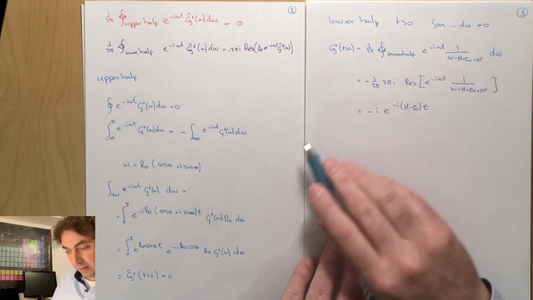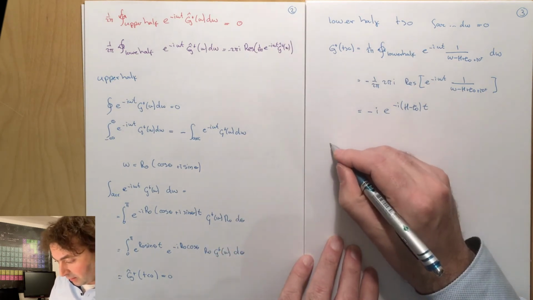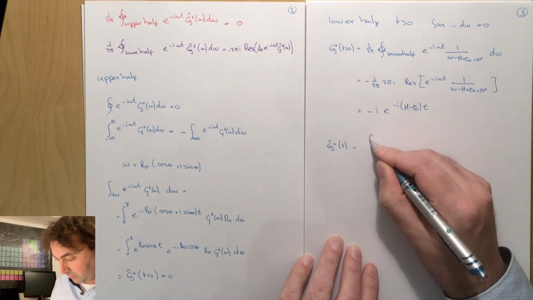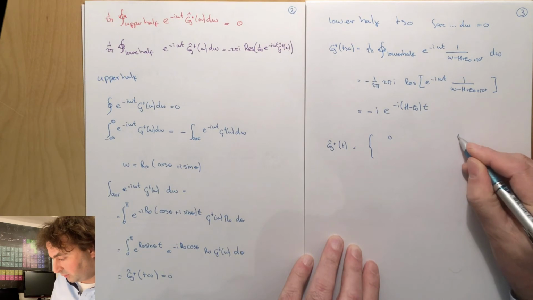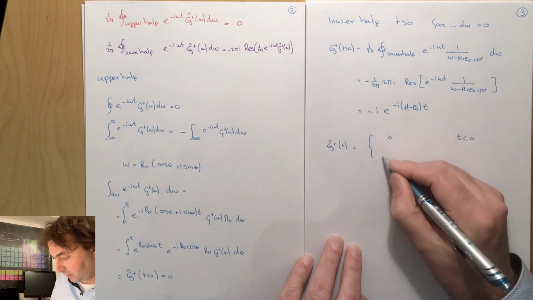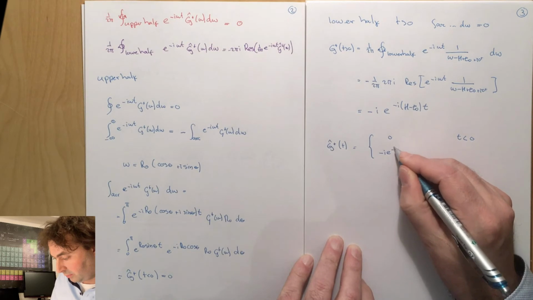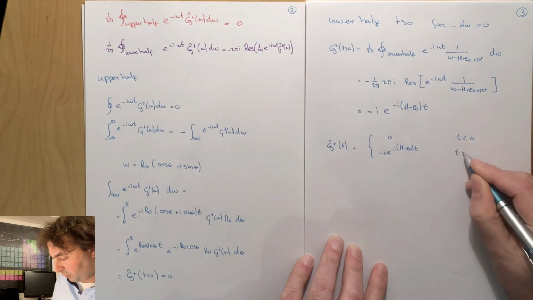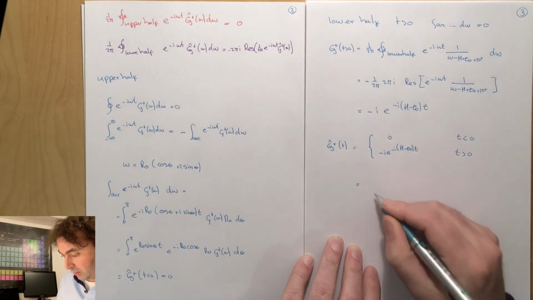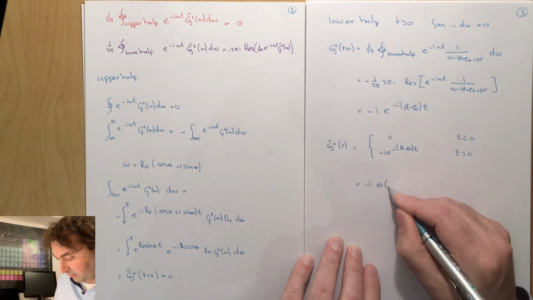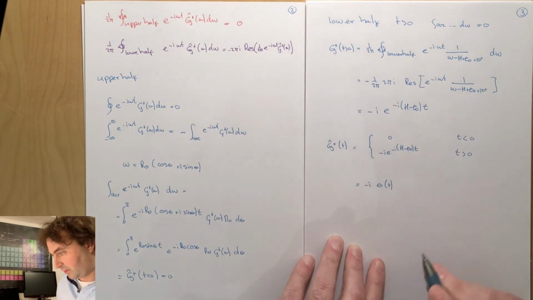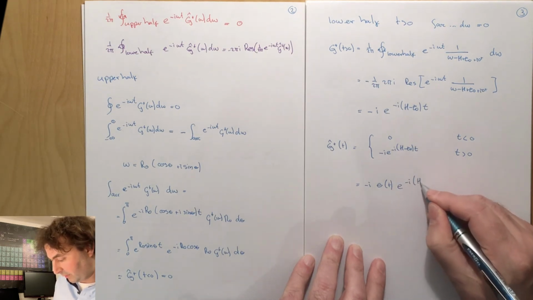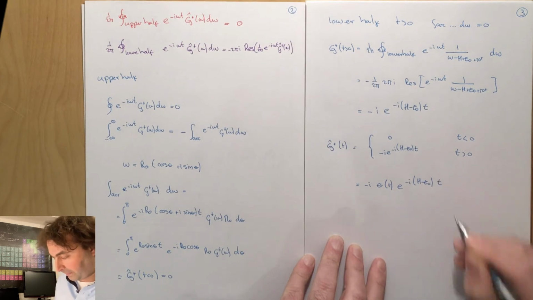Putting this together for t larger and t smaller than 0, we find that our Green's operator is equal to 0 for the case that t is smaller than 0, and minus I e to the minus I h minus E0 t for positive times. We can also write this with the Heaviside theta function, which is 0 for t negative and 1 for t positive, times e to the minus I h minus E0 t.